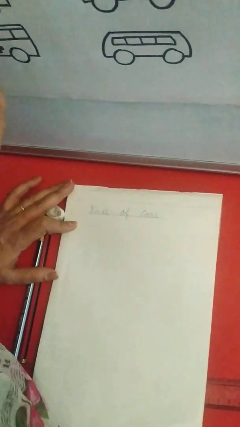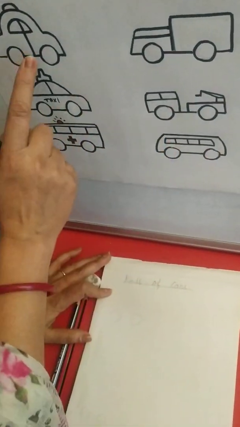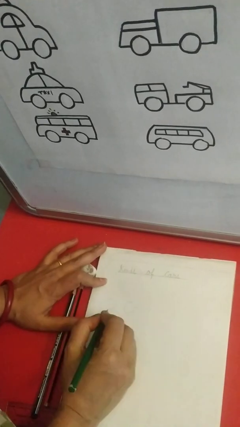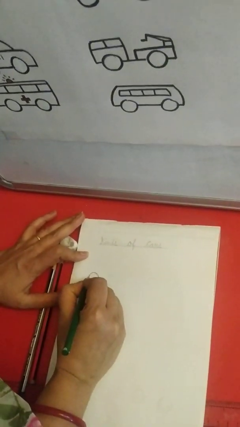So first of all we have to make these circles. How many circles are there? 2, 4, 6, 6 plus 6, 12 circles we have. So I am going to make 12 circles.